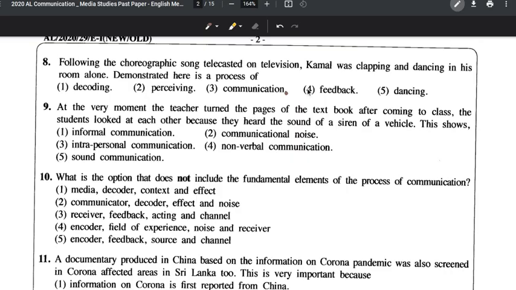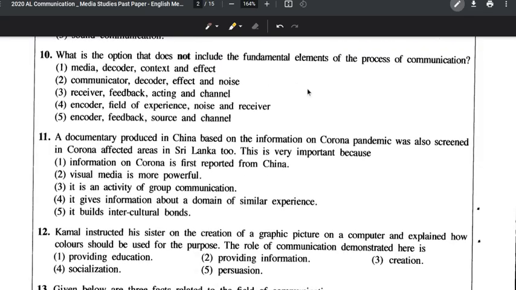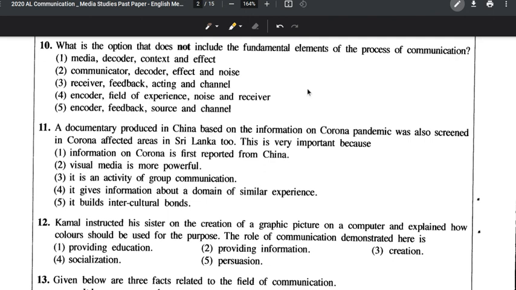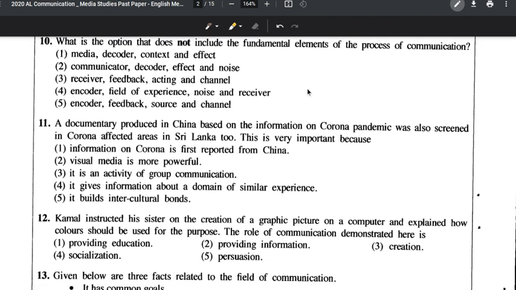Remember, that is communication. Then question 10: which option does not include the fundamental elements of the process of communication? So remember, does not. Media, decoder, context, effect, communicator, decoder, effect, noise, receiver, feedback, acting. Acting is not here, so this is the answer.